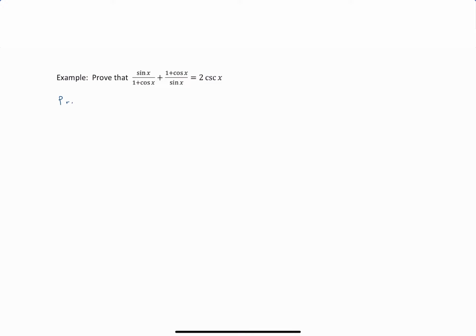It's pretty clear to me that the complicated side in this one is the left-hand side, so I'm going to write that down and then put an equals. And then I'm like, oh, what can I do with this? I don't see any trig identities that will help, but fortunately I typically think of algebra first.